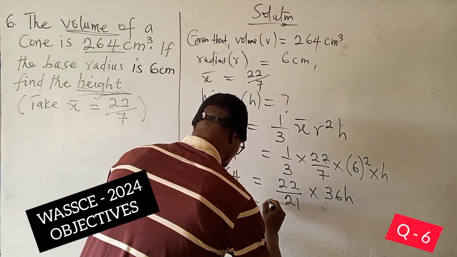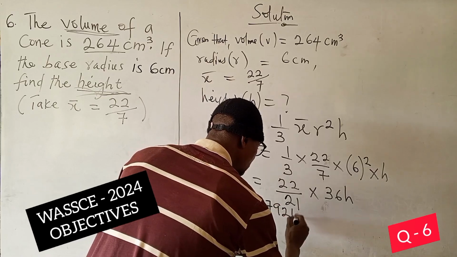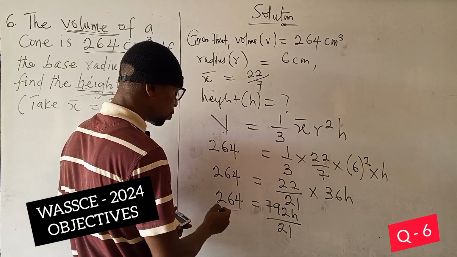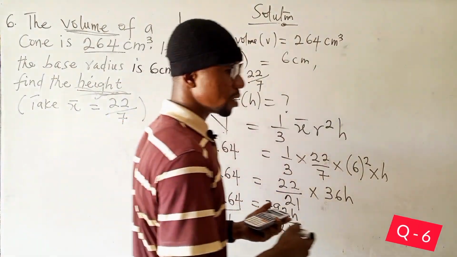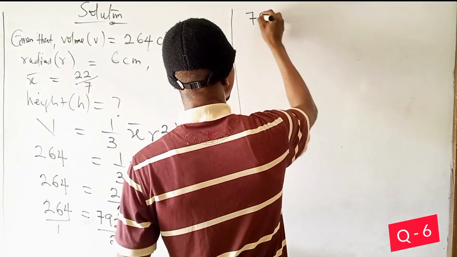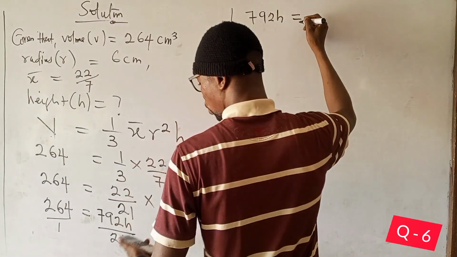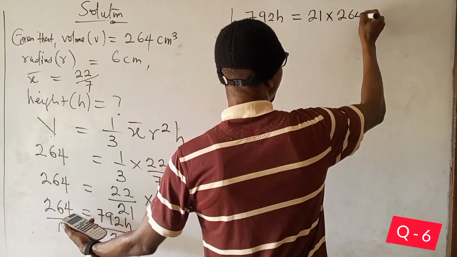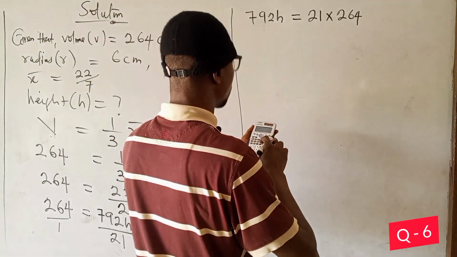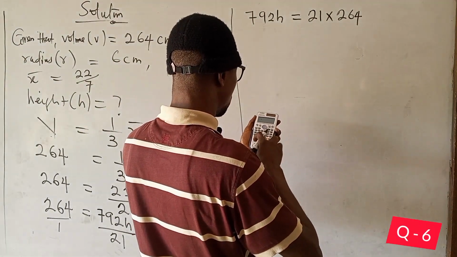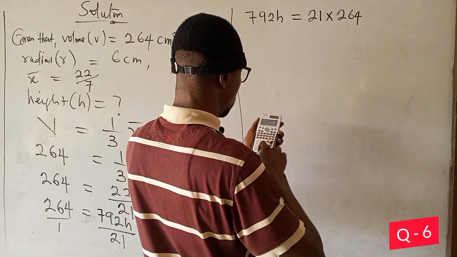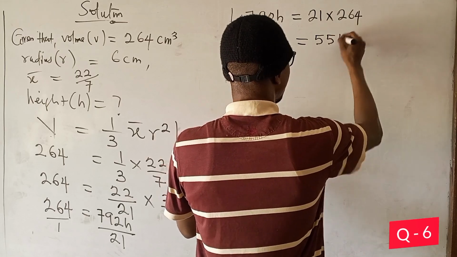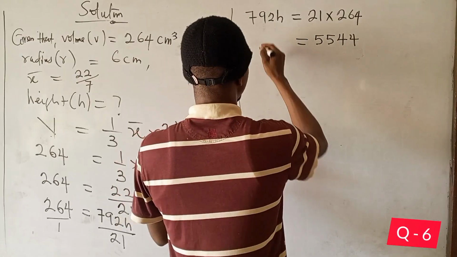We still have 264 equal to 22 times 36, which gives 792h, all divided by 21. The 264 is assumed to be over 1, so we cross multiply to obtain 792h equal to 21 multiplying 264. 21 times 264 gives us 5544.